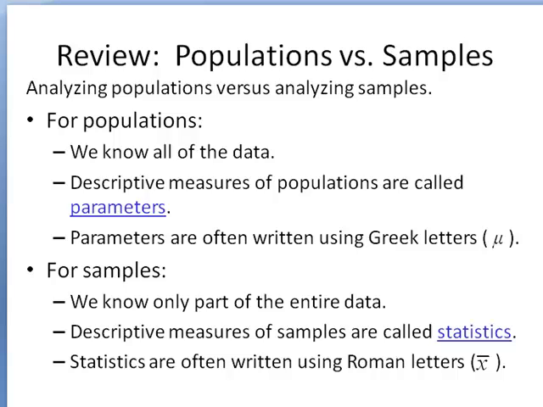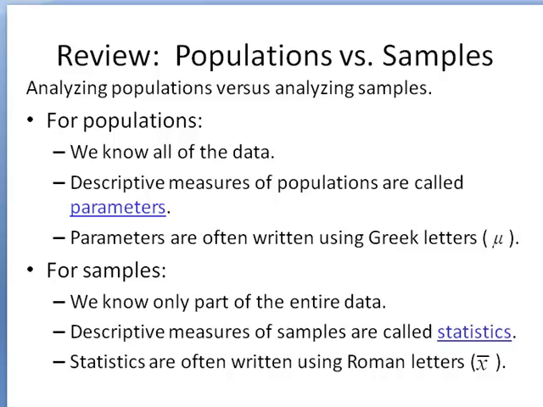So if I do a descriptive measure, for example, the mean or standard deviation, we call those parameters. They define our population. So parameters define the population, and they'll usually be denoted with Greek letters. And in this slide right here, the mu in parentheses, that's our symbol for the mean. So that's the parameter of the population. It's the mean of the population.